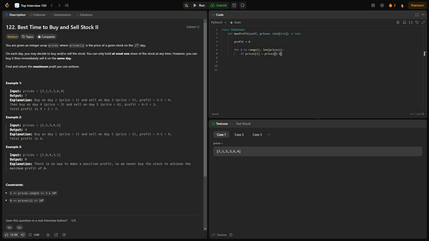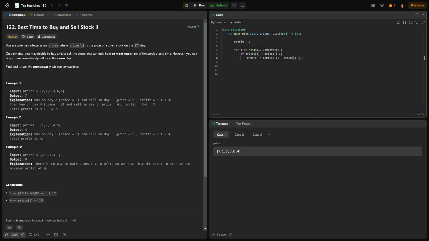So profit plus equal to prices[i] minus prices[i-1].